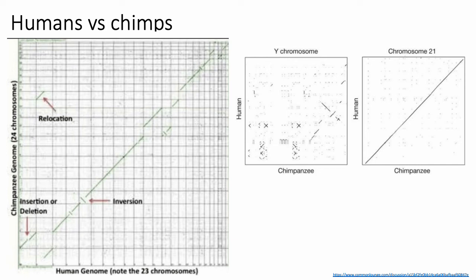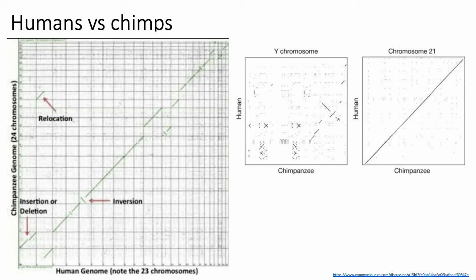As you'd expect, because the human and chimp genomes are relatively similar, you see a lot of bands along the diagonal of this entire plot, which says that there are a lot of large-scale matches between the human and chimp genomes.